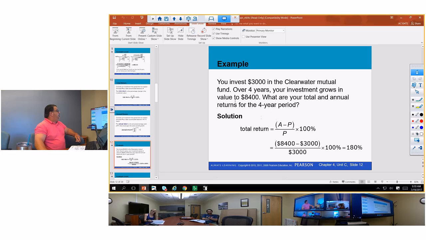Here's an example. You invest $3,000 in the Clearwater Mutual Fund over 4 years. Your investment grows to a value of $8,400. What is your total annual return? What's the percentage increase? So that would be $8,400 minus $3,000 over $3,000. You had a 180% increase.